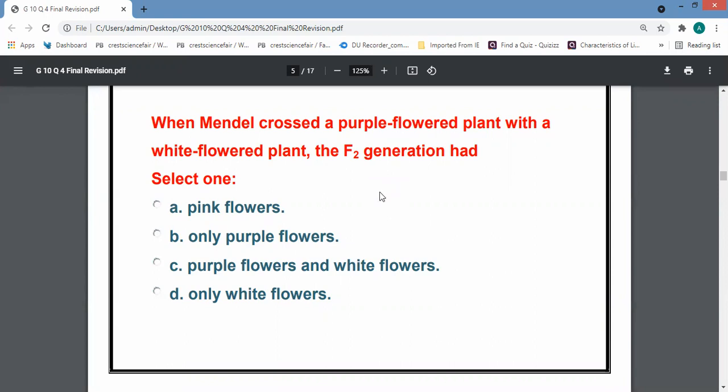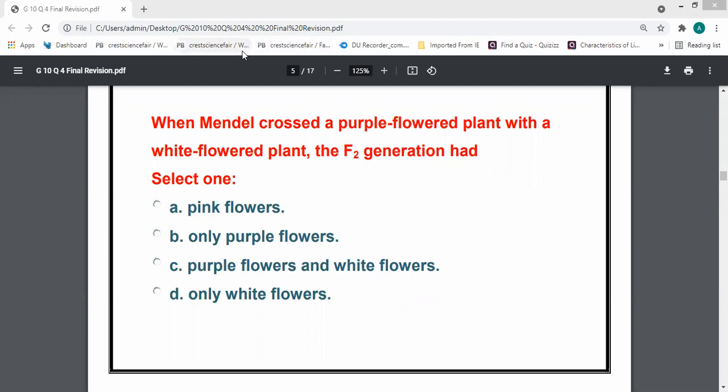The second generation. Right. Second generation, purple and white.